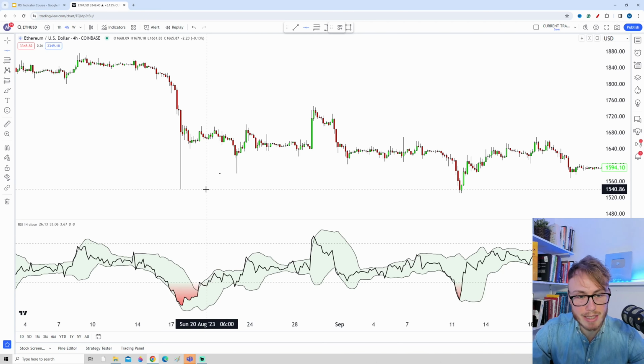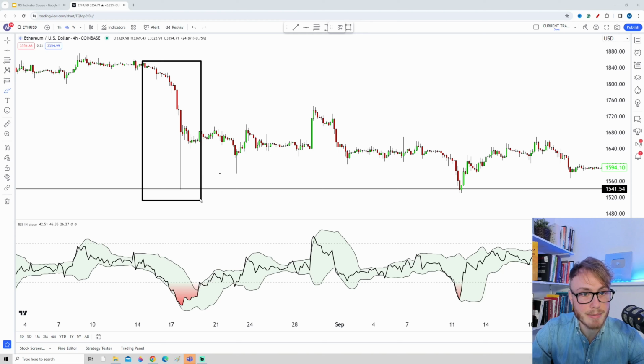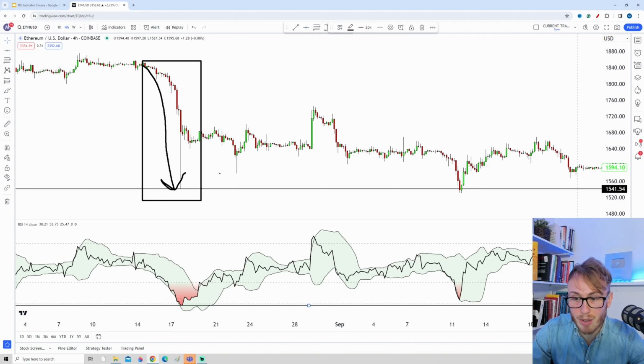And that trade actually comes from the extreme move we saw right here. As you can see right here, the price completely collapsed and we saw massive bearish momentum. The RSI actually went down here all the way to 6, and that is extremely bearish momentum. But as a more advanced trader, we can actually use this information as a trading opportunity.